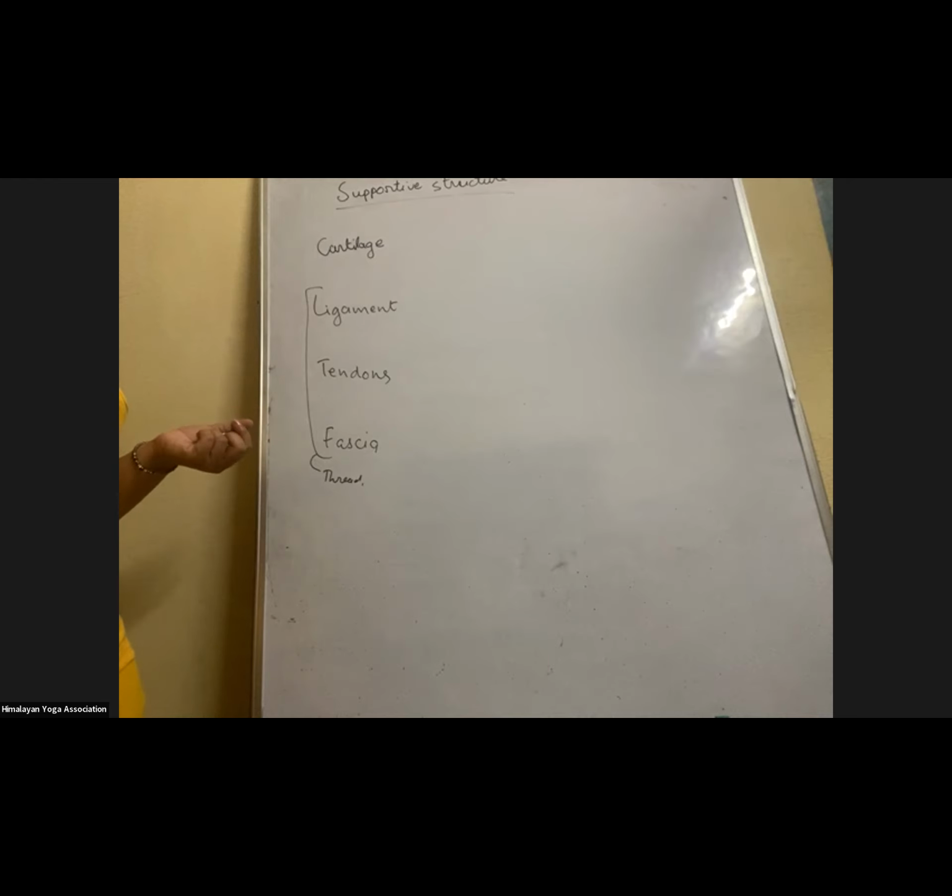What is the function of cartilage? Why is it present? Protecting the bone so that it doesn't shave against the other. Yes, good. And it smoothens the movement between the bones around the joint.